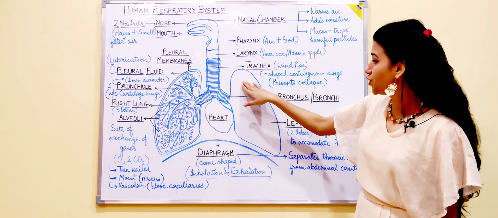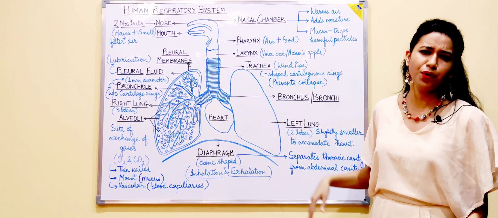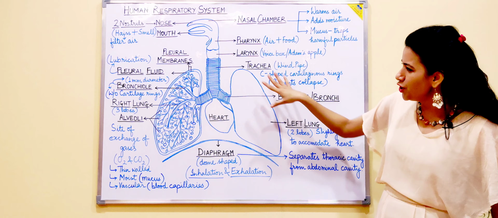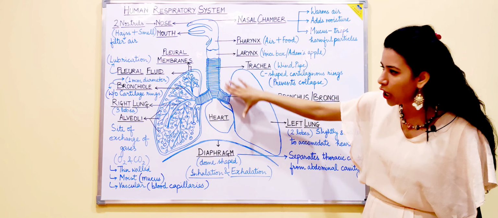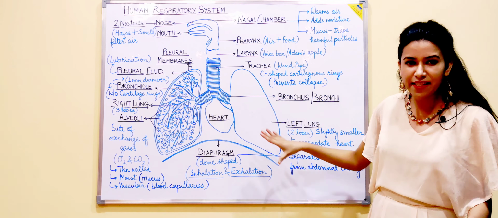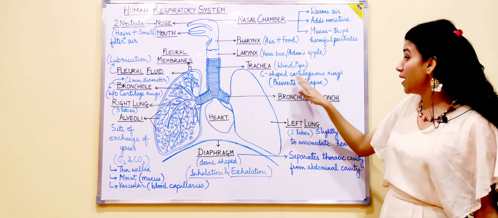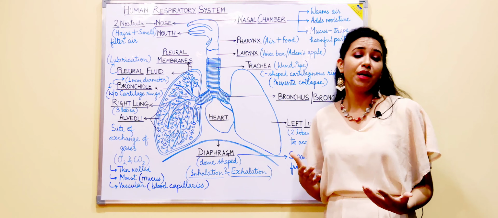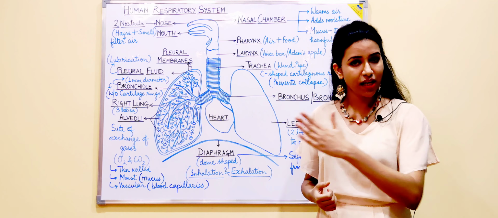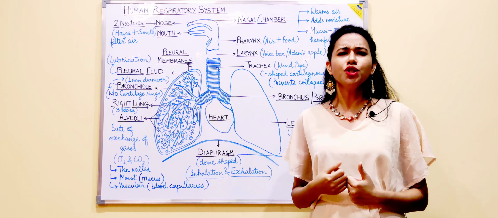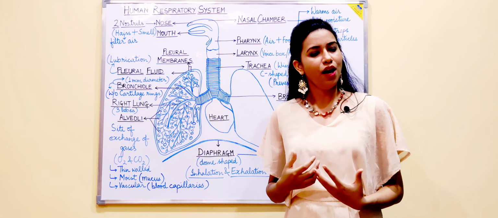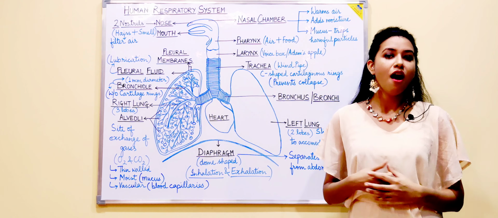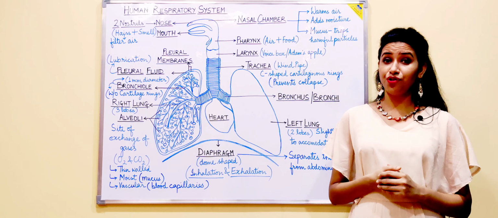Next we have the trachea, which is commonly known as windpipe. As you can see over here, the trachea is entirely covered with C-shaped cartilaginous rings, rings that are made up of cartilage. Now the important question is, why is the trachea covered with C-shaped cartilaginous rings?